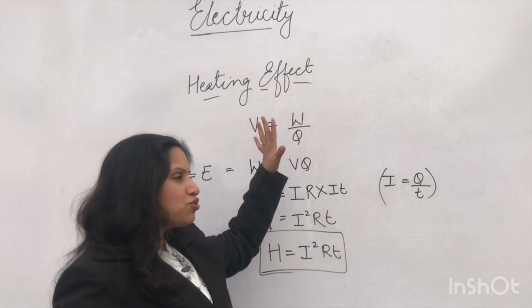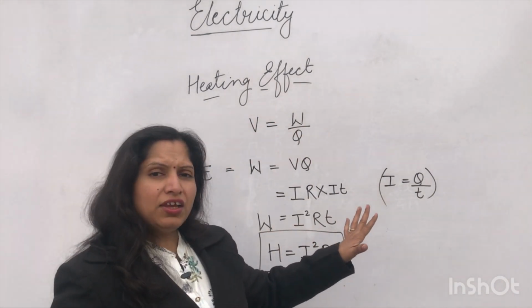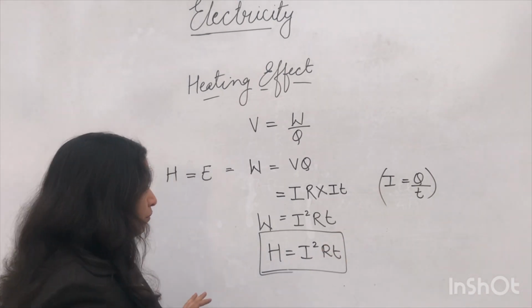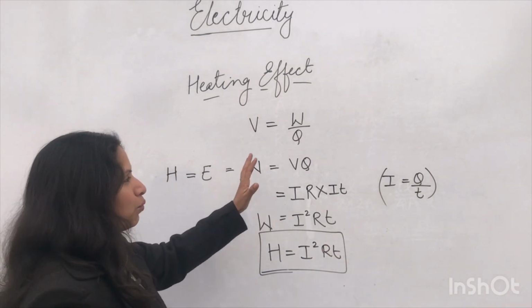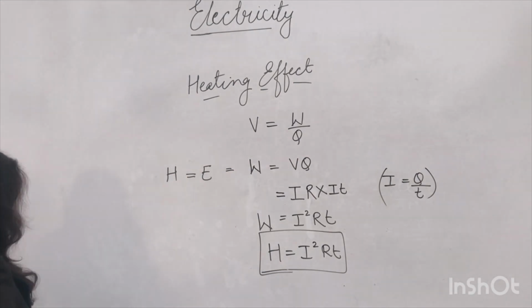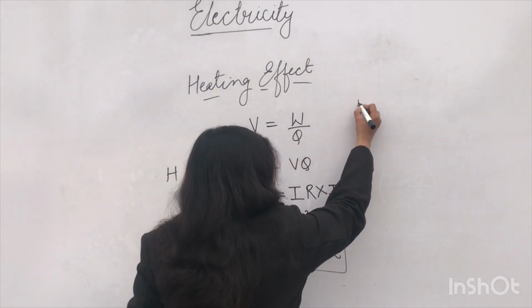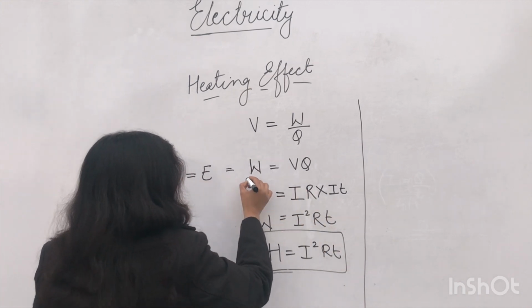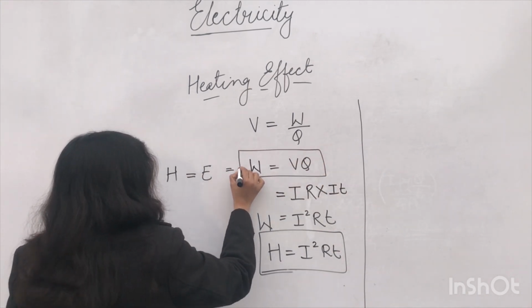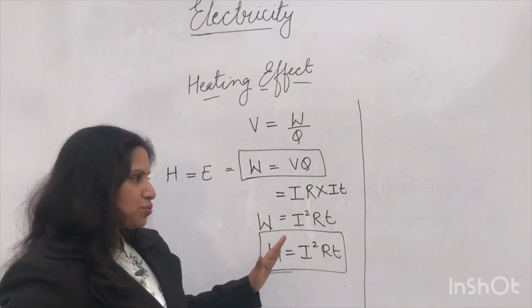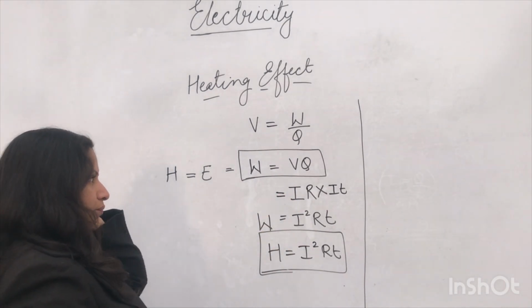Based on the same calculations, we can even find out the formula for electric power. Let's find it out. I'm just erasing this and I'll be using the same board. So we have two formulas today: W is equal to V into Q, remember that, and H is equal to I squared RT. That is also important.